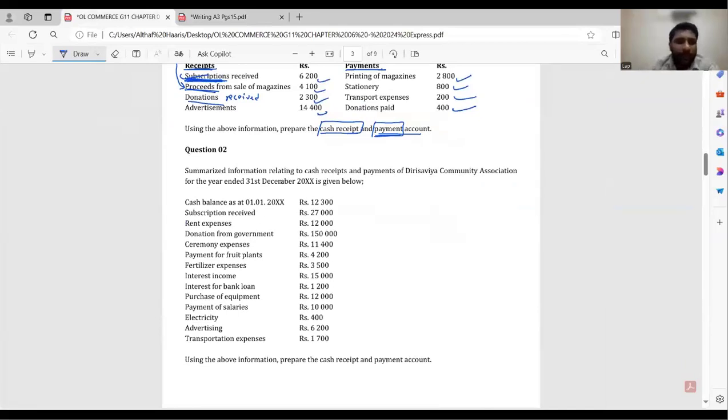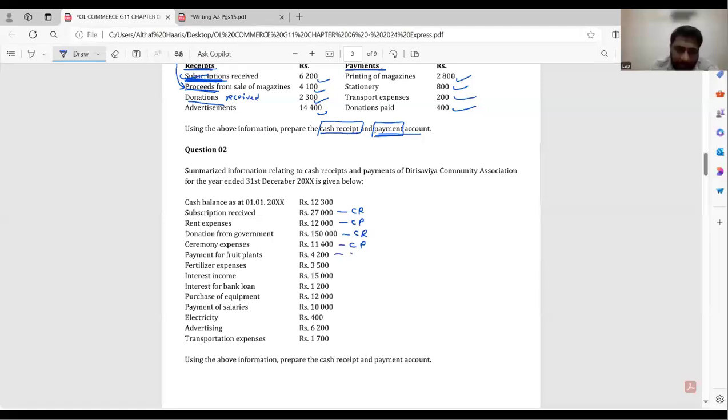Before doing it, people will understand what are the cash receipts and payments. So this is a cash receipt, this is a cash payment. Donation from government, cash receipt. Ceremony expenses, cash payment.